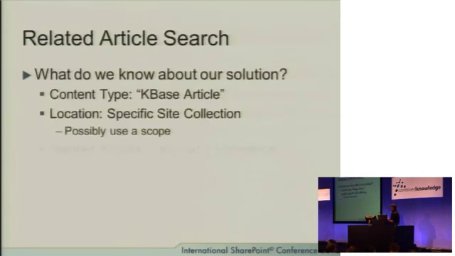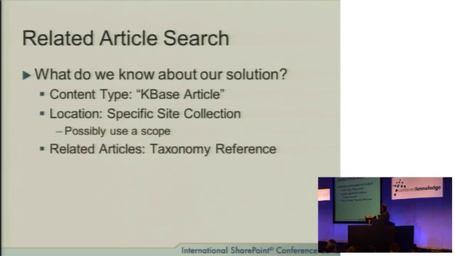So for our first solution, we need to create a related article search web part. And what do we know? Well, we know that our content type is K-base article. We know that the location is a specific site collection, so we could use a search scope. So before, when I was talking about one of the benefits of using SharePoint Search is that you could search your entire farm.